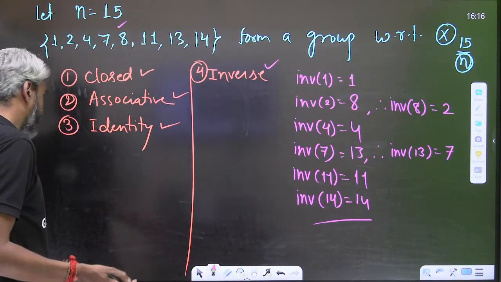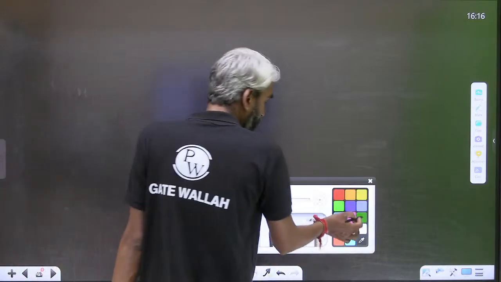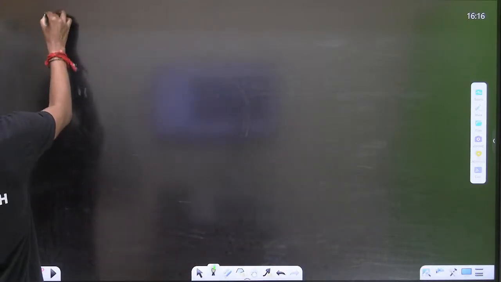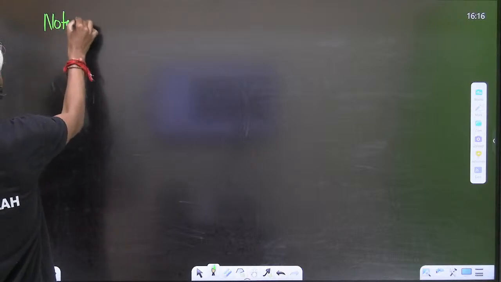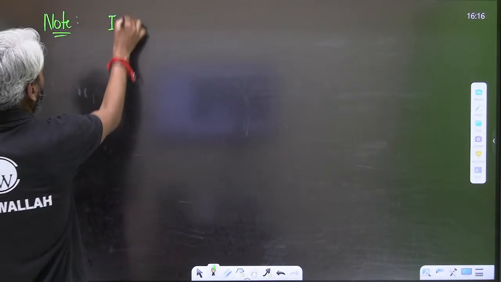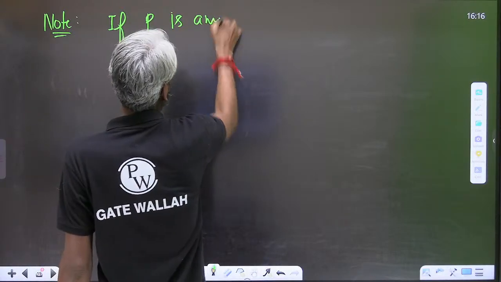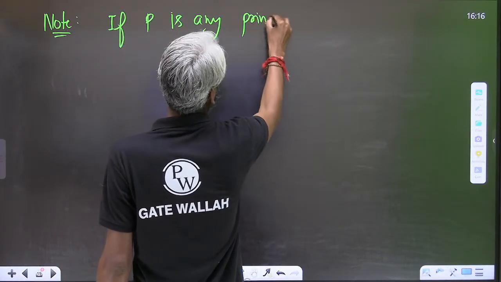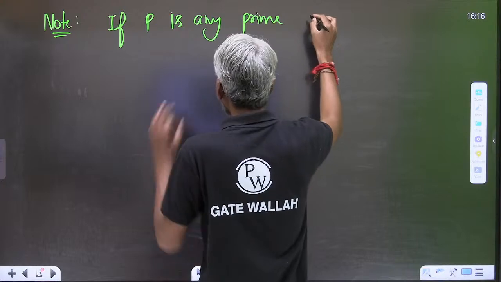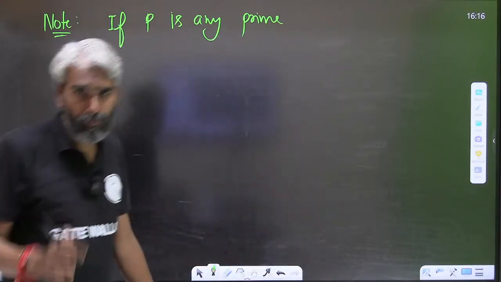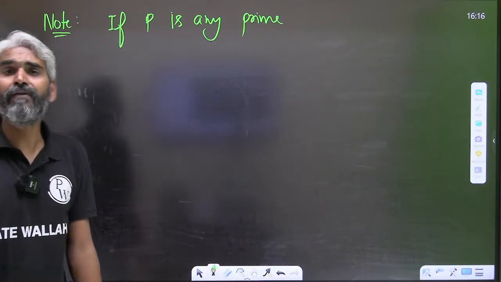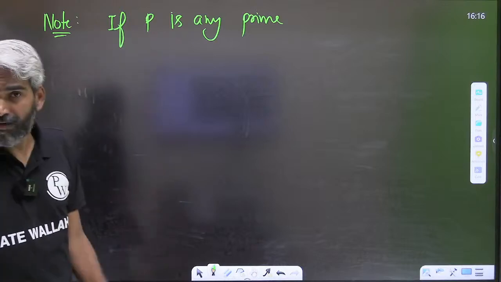Now please try to understand that if p is any prime number, then every integer less than p will be co-prime to p.